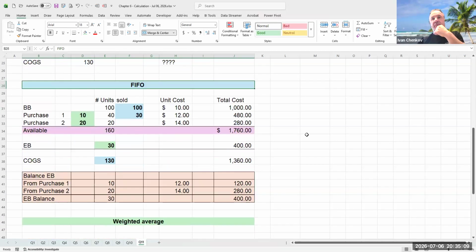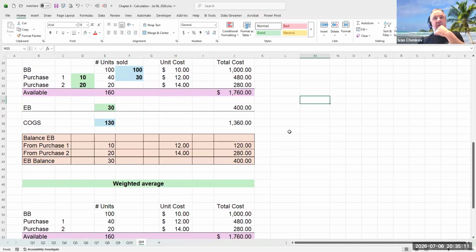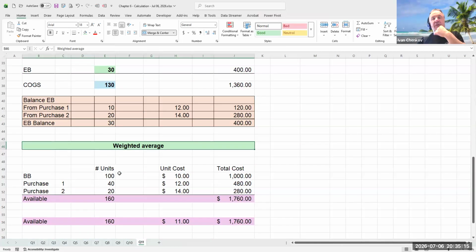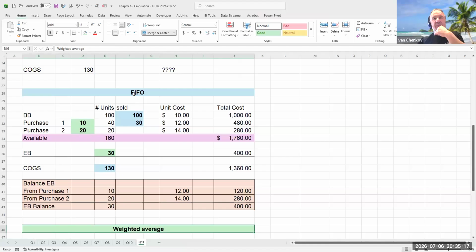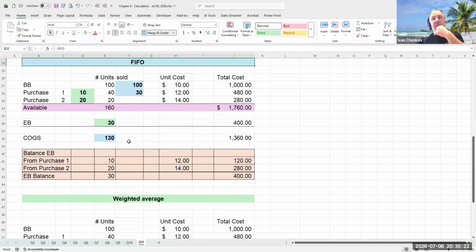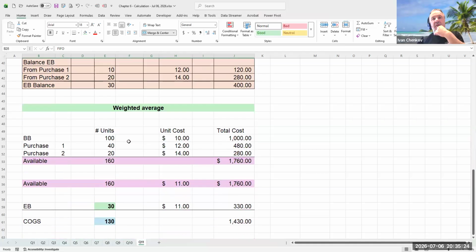Which one is easy for you? Yeah, for me, weighted average is easier because once you have the total cost and total units, you just divide it, get the cost, and boom, done.